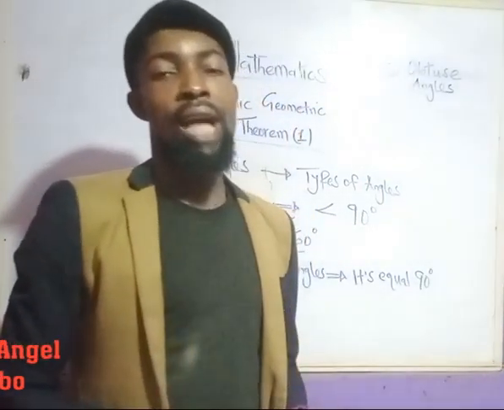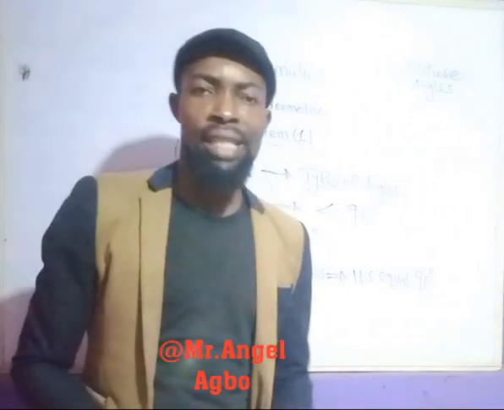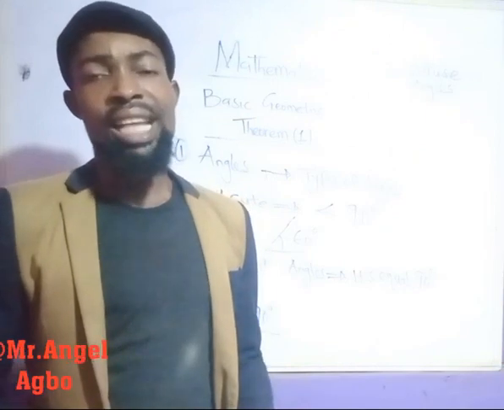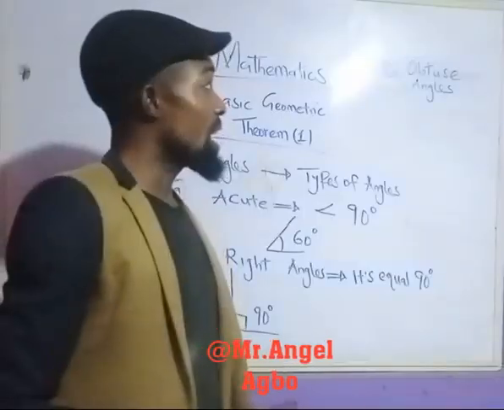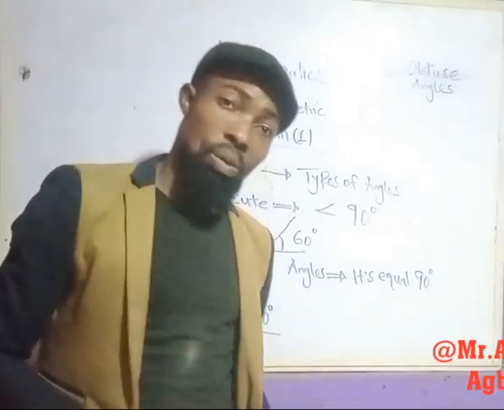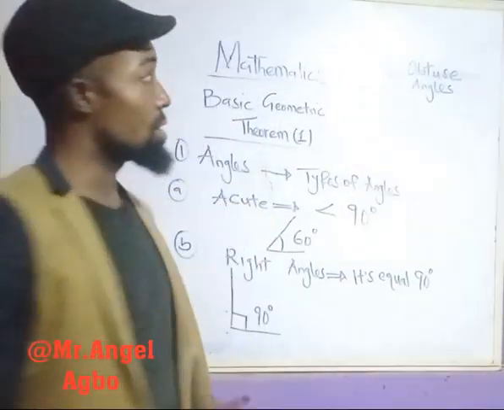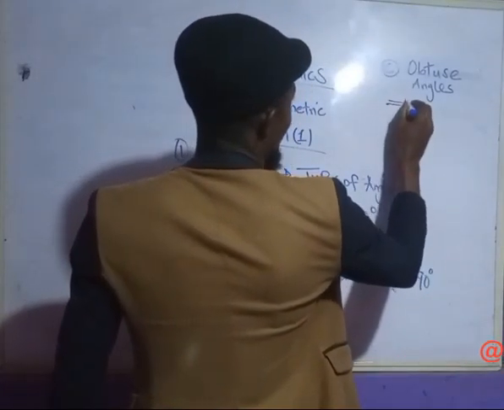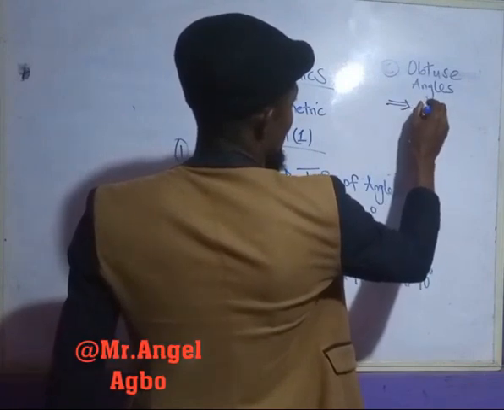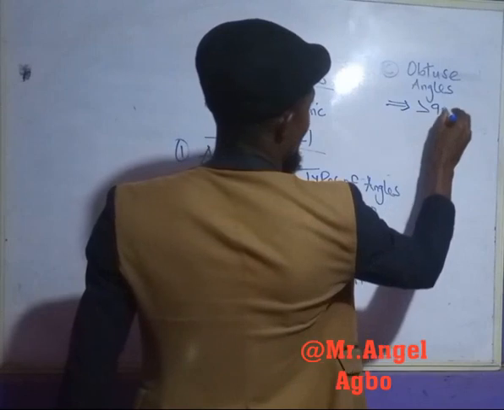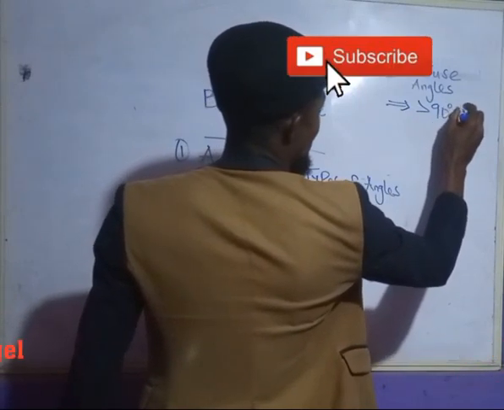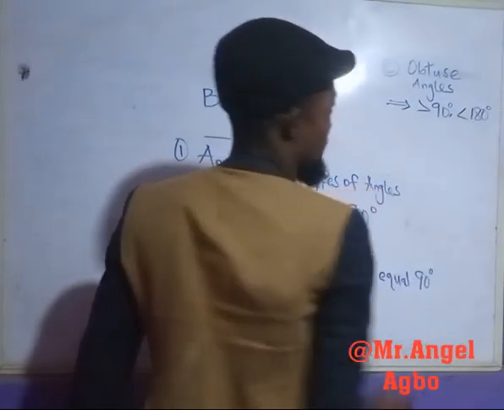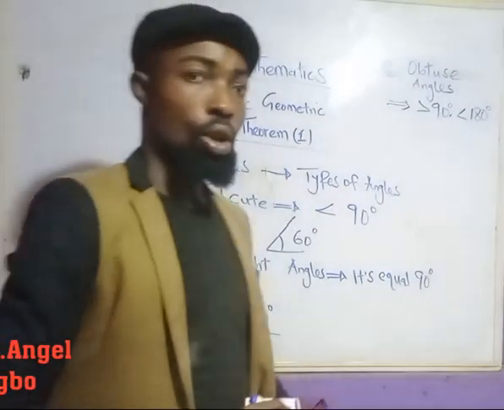Obtuse angles are angles that are greater than 90 degrees, but less than what? 180 degrees. I can summarize it and say that it is greater than 90 degrees but lesser than 180 degrees. That is an obtuse angle.